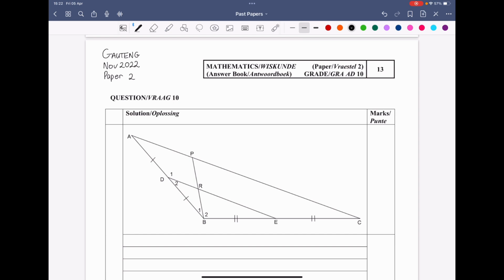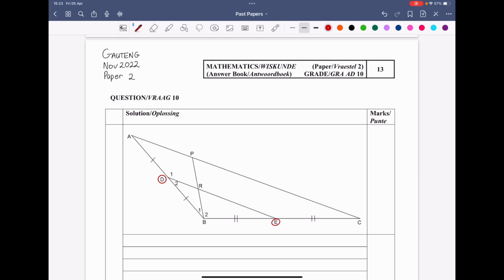Question 10, I'm given this triangle ABC, and I'm told that D and E are midpoints of the sides AB and BC. So this one is a midpoint, and this one is a midpoint, and immediately I'm told midpoint, I'm thinking midpoint theorem.